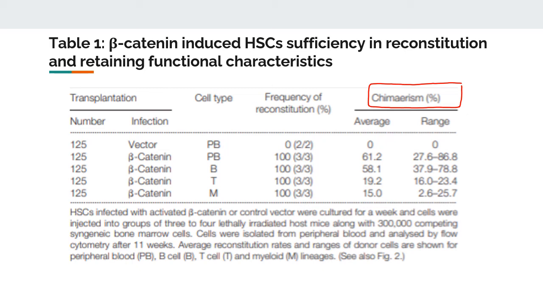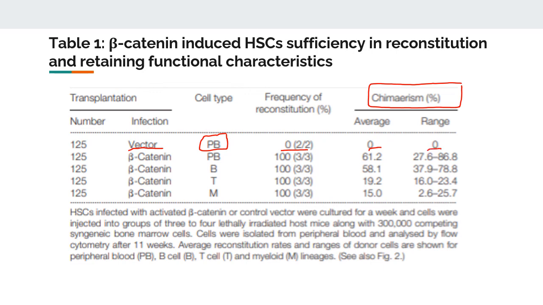So when we're first looking at the vector control here, we're looking at the peripheral blood cell type specifically, and you can see that its reconstitution was at 0, which means that no donor cells were incorporated, and it follows along with the chimerism.